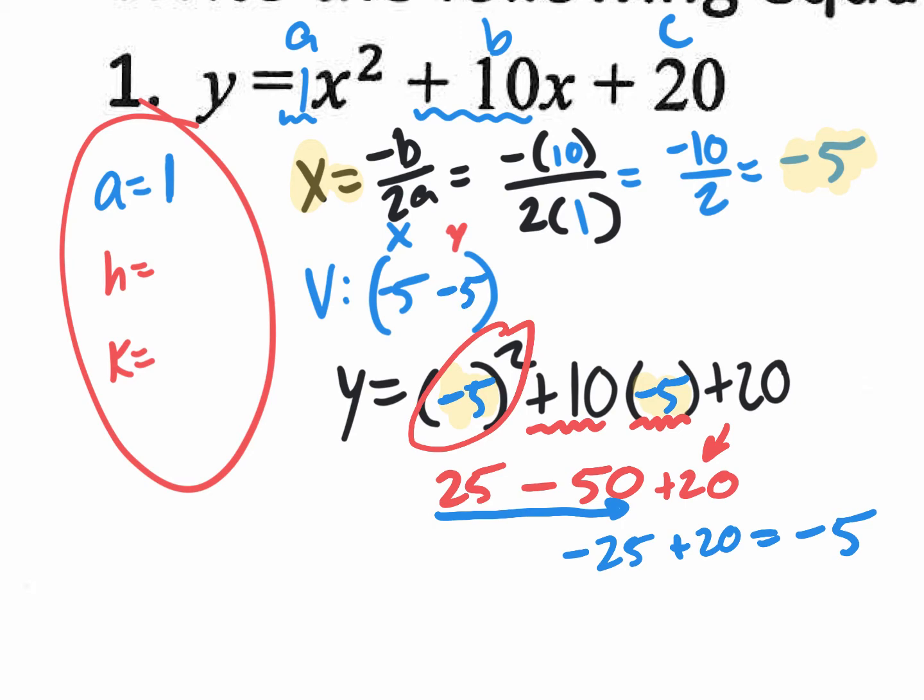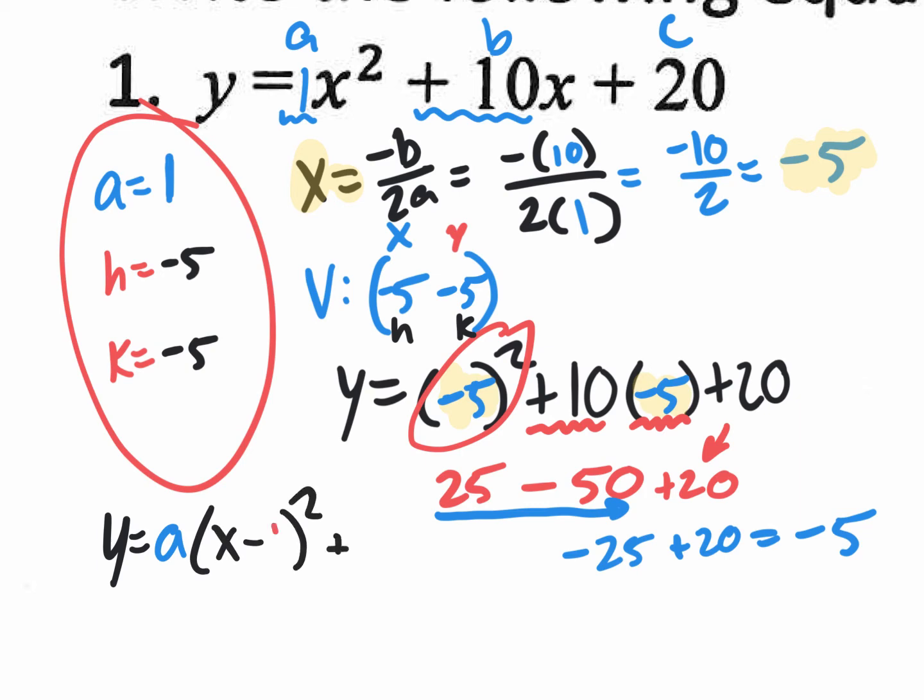So now that we know the vertex x and y values, we technically know our h and k values. Remember, the vertex is hk. So our h is negative 5, our k is negative 5. And now we could easily write it in vertex form, y equals a parenthesis x minus h squared plus k.